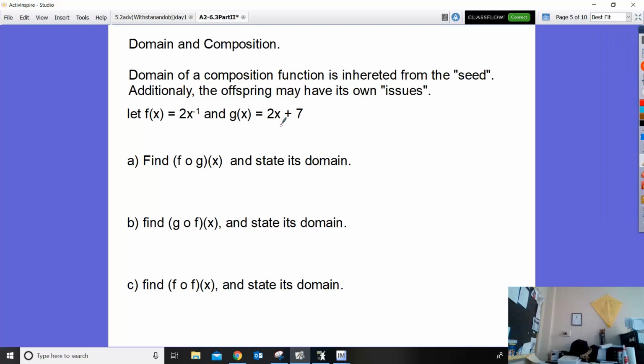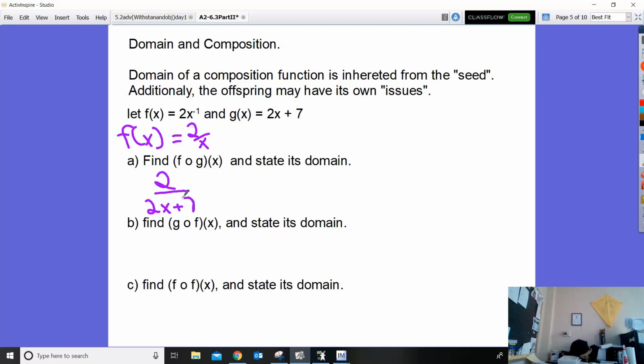Now, the first thing I'm actually going to do is rewrite this. f of x is actually 2 over x. Always do those rewrites, kids. Now, that x is going to become what? 2x plus 7. And talk about its domain.